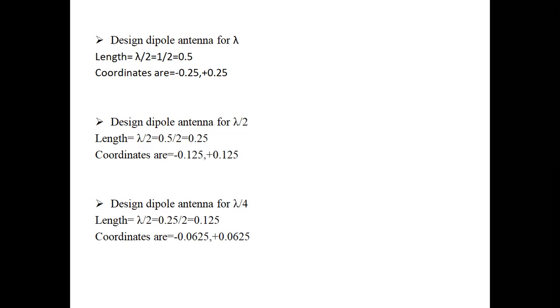Graphically, radiation can be plotted as a function of angular position and the radial distance from the antenna. Mathematically, it is a function of the radiation properties of the antenna represented in spherical coordinates, like E of theta phi and H of theta phi. So the radiation pattern represents the energy radiated by an antenna. Now let's move ahead to designing it on the software.